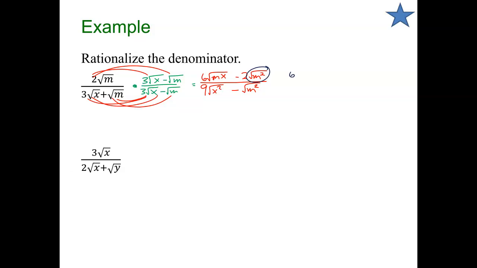Simplify that one. Okay. What about the denominator? The 9's not inside the radical. 9x minus n. Okay.